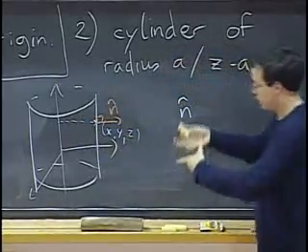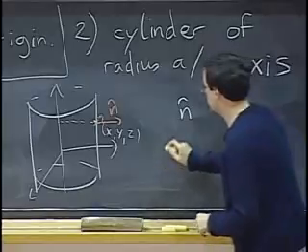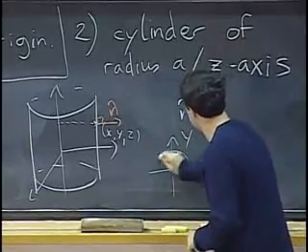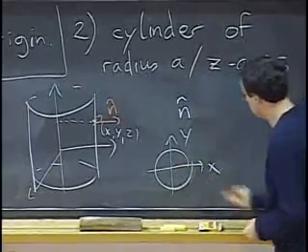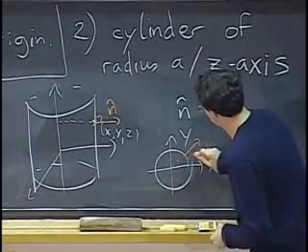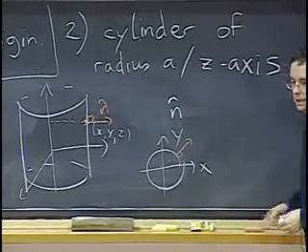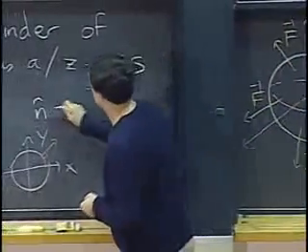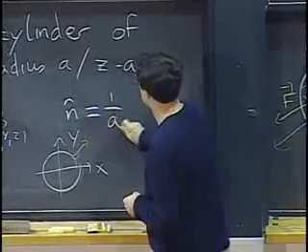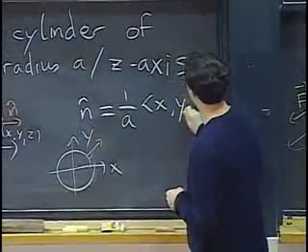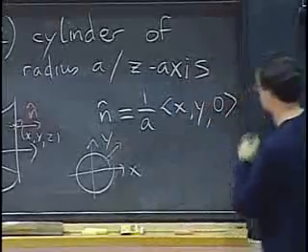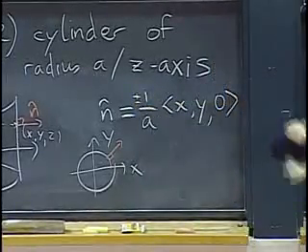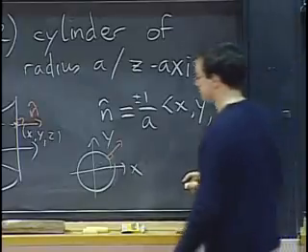That means, if I look at it from above, maybe that's easiest, look at x, y. Then my cylinder looks like a circle, and the normal vector just points straight out. It's the same situation as when we had a circle in the 2D case. The normal vector for that is just going to be x, y, and 0 in the z component. Plus or minus, depending on whether you want it sticking in or out.